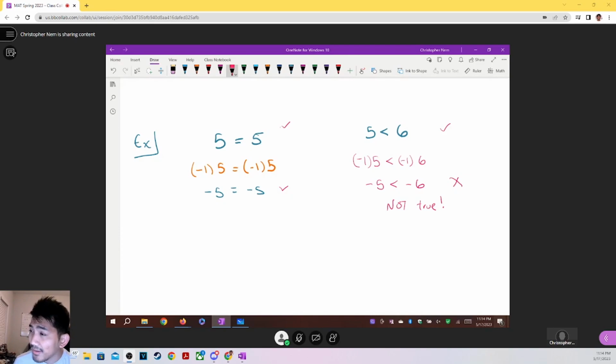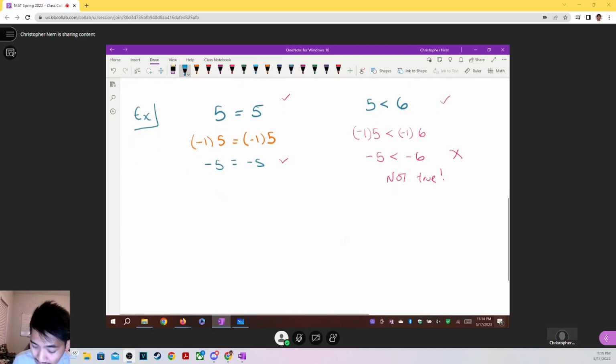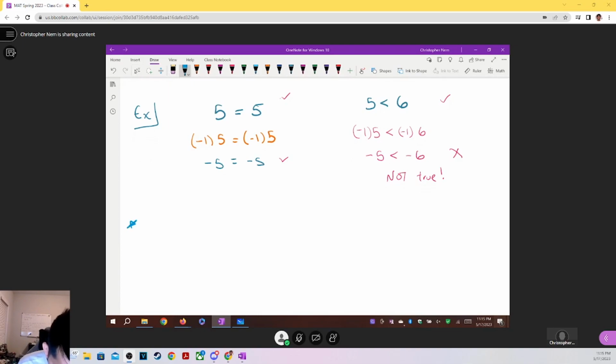Why is that? Well, with inequalities, the direction matters actually. When I had an equal sign, the equal sign is symmetric. It can go in either direction. If I cut it down evenly, you can fold it in half and it'll be the exact same thing. But inequalities, that is not true. So we have to make a note.